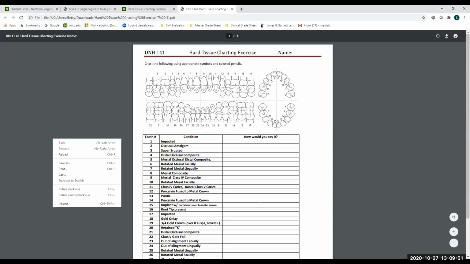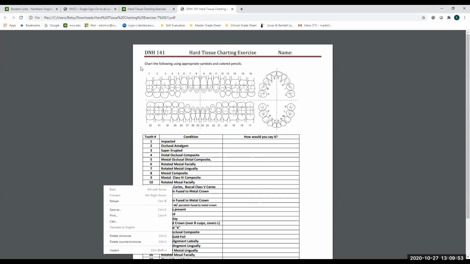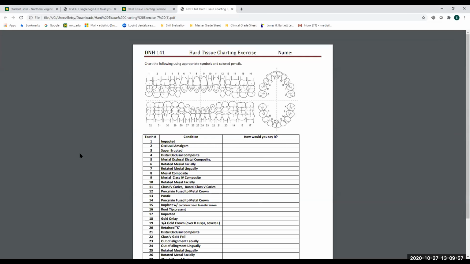And then you're going to chart it on here. So how are you going to say it? If the doctor is sitting down with the patient, how would I say number one is impacted? Number one's not present, number one's impacted. However you want to say it, that's what you're going to be typing or writing in here. You're also going to be drawing it in for number one.